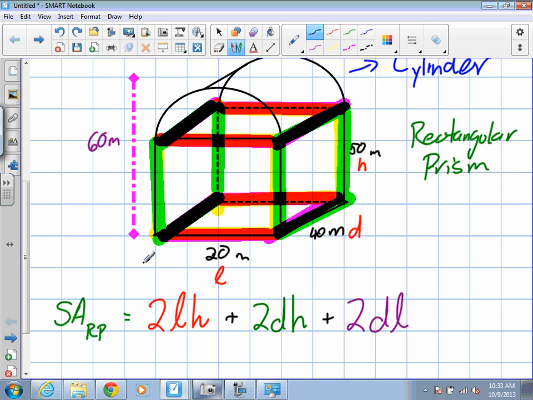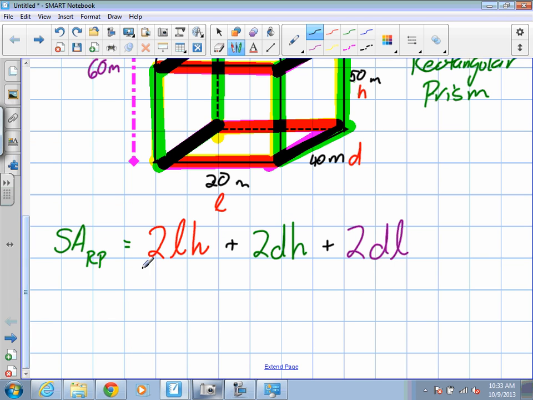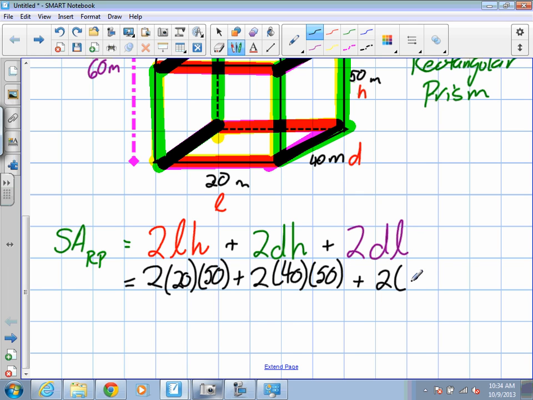Okay? So for the surface area of our rectangular prism, now that we have these letters, we can just simply plug values in. The L in this case was 20. And the H, which was height, was 50. The D was 40. The depth, the height is 50 again. And 40 is the depth, and the length is 20. Okay. So we're going to try these.